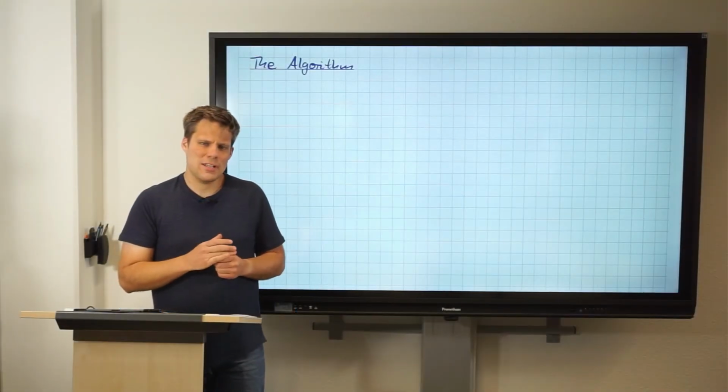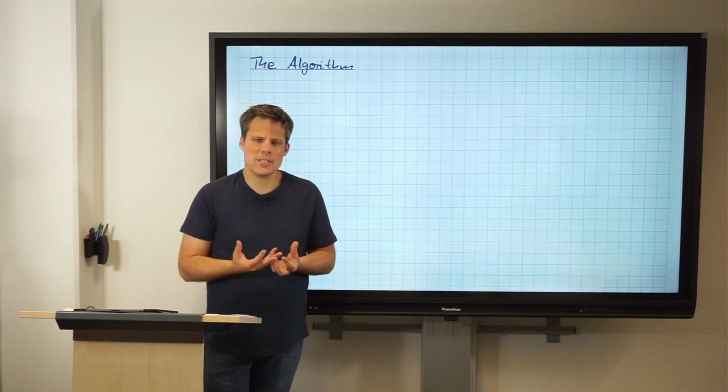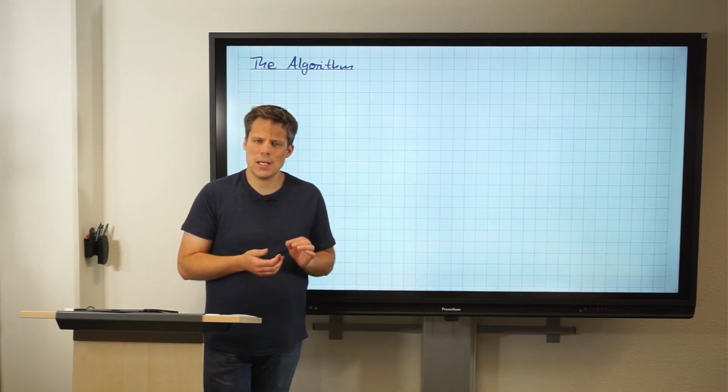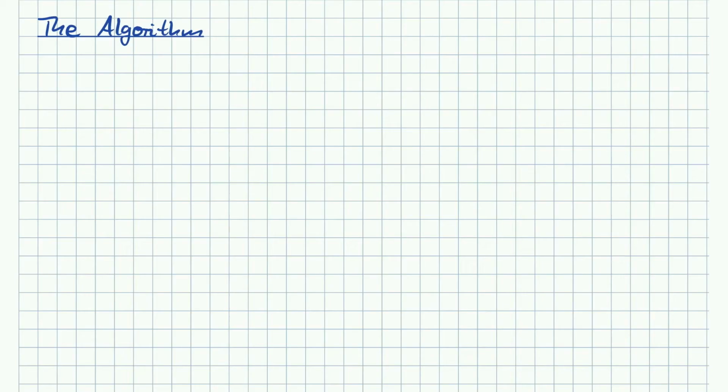I've now tried to give you some intuition on why our algorithm works, but maybe let's now go into the details of how we define the algorithm. Namely, it works as follows.